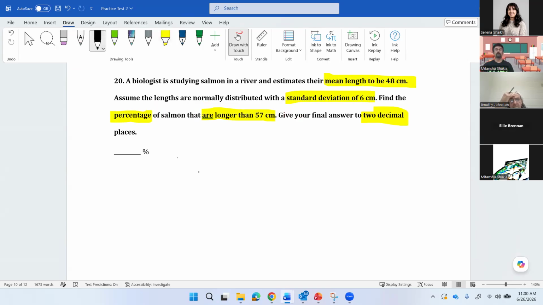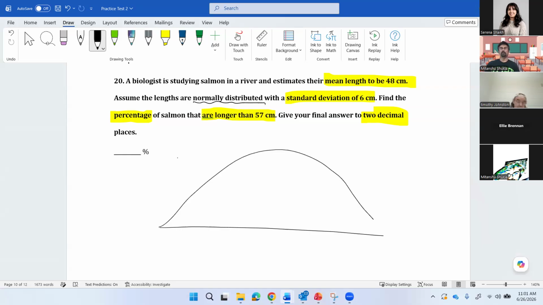So let's draw a quick picture. They're telling me that it is normally distributed, so I know that it's going to look like this. The mean is 48. There are always 3 lines to the right of the mean, and for each line to the right I add my standard deviation, which is 6. So this is going to be 54, 60, 66.